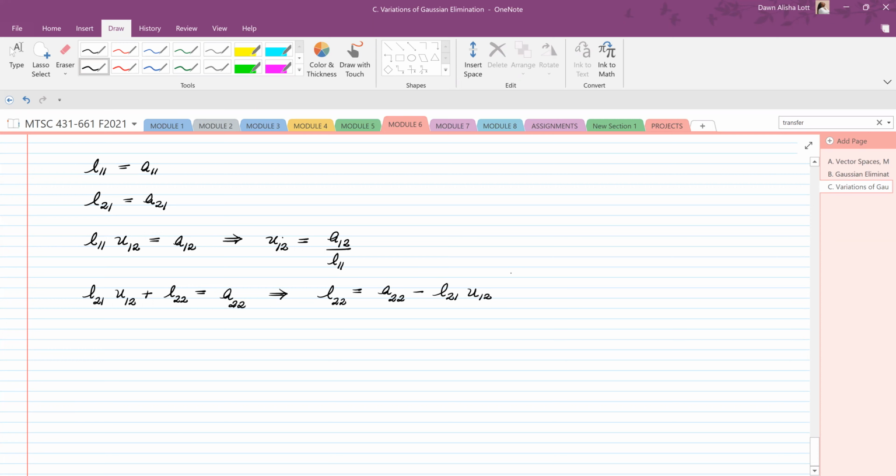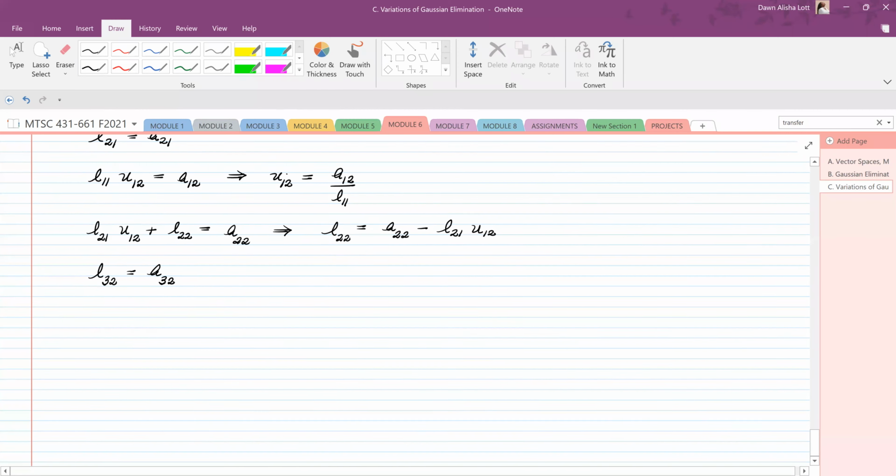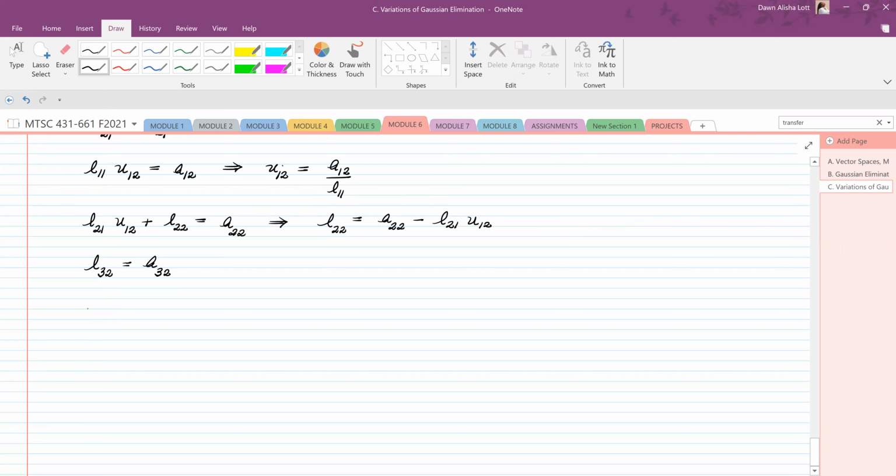Okay, and then we get L32 is simply A32. And we get L22 times U23 is equal to A23. So now I can find U23 is A23 over L22.